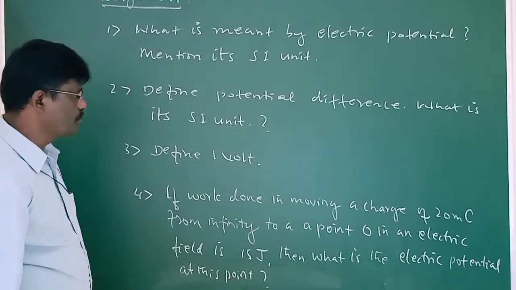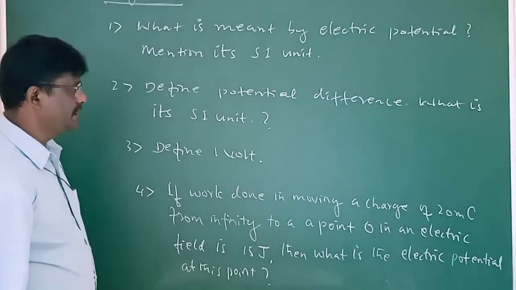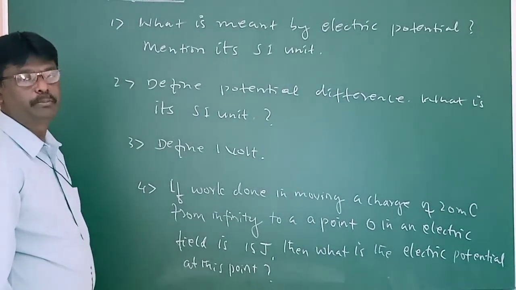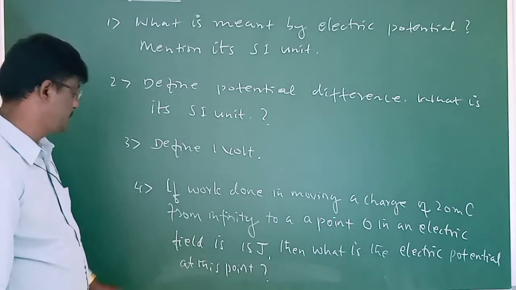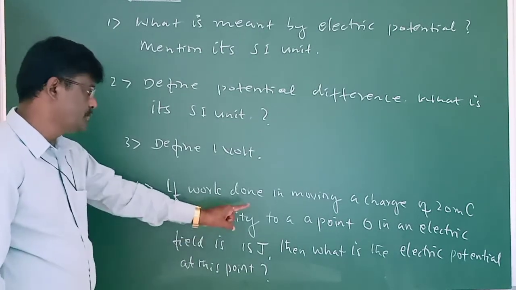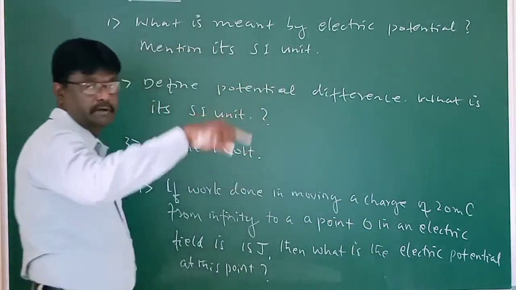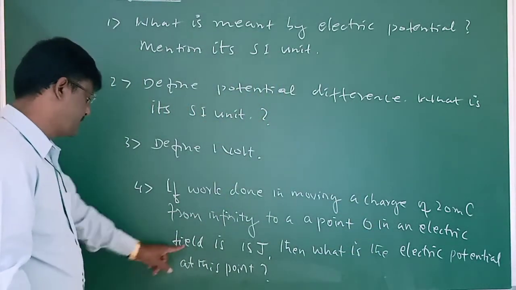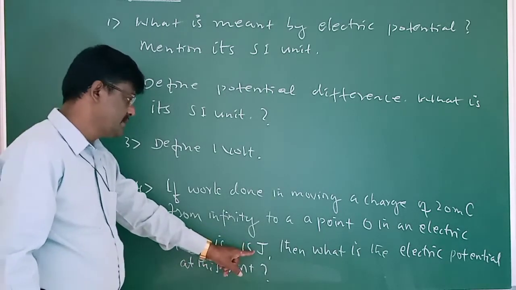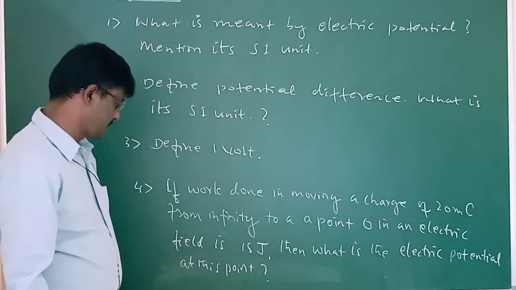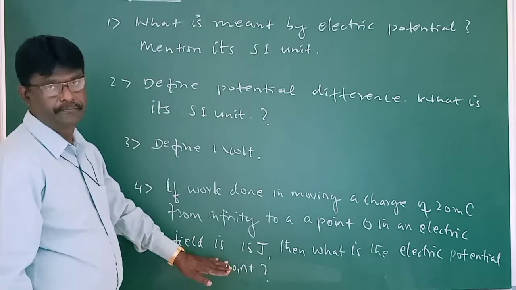If work done in moving a charge of 20 millicoulomb, milli prefix stands for 10 power minus 3, from infinity to a point O, imagine that definition in an electric field, is 15 J, then what is the electric potential at this point?